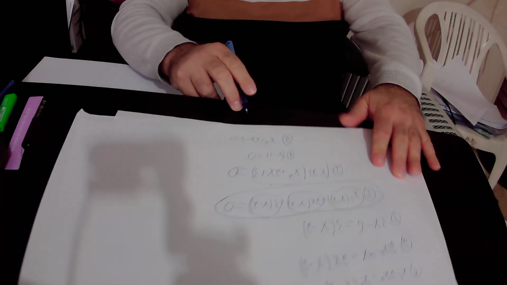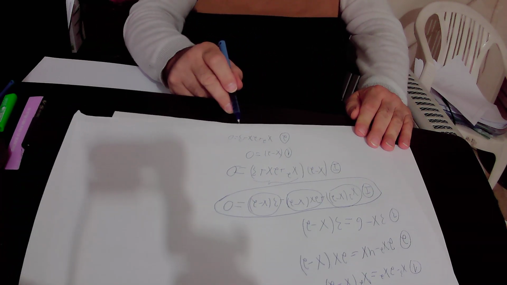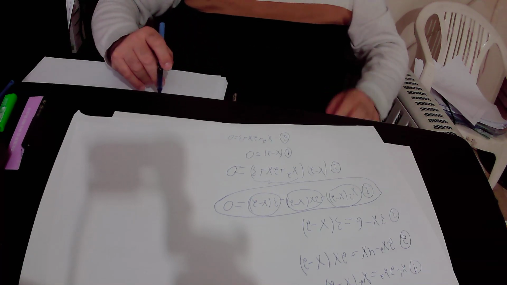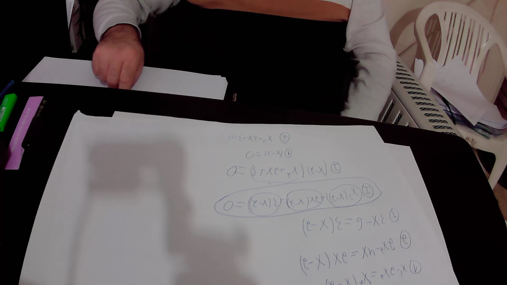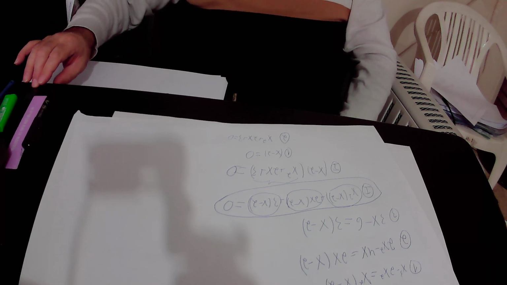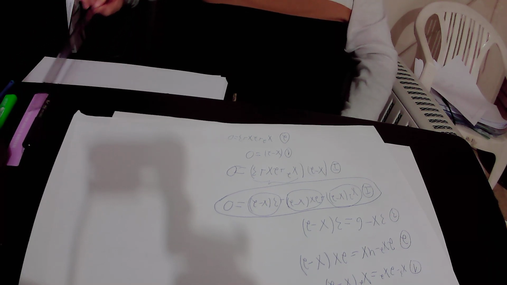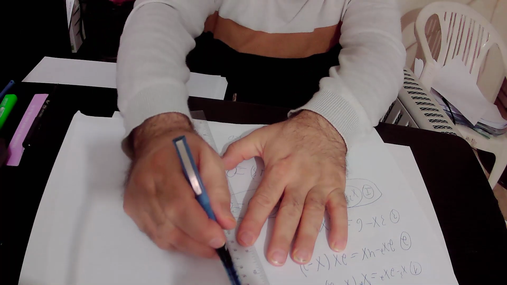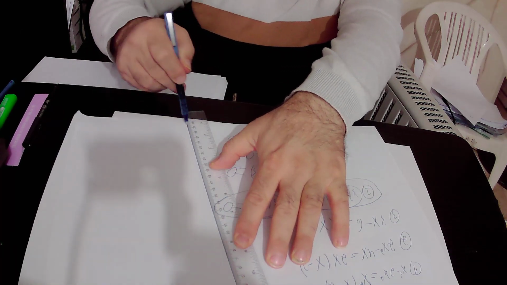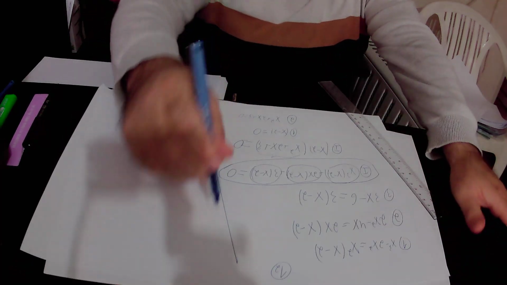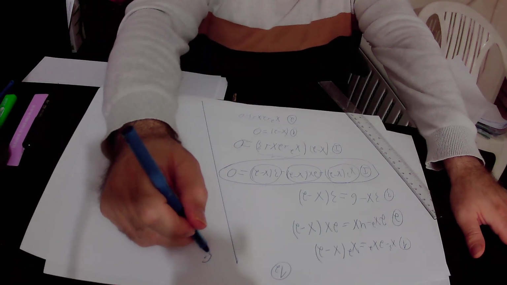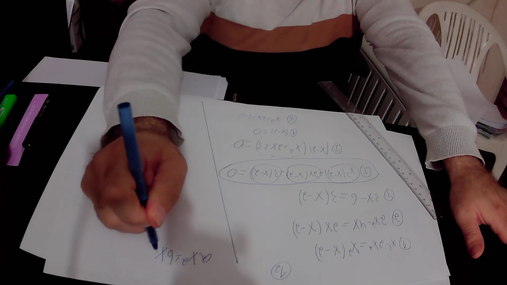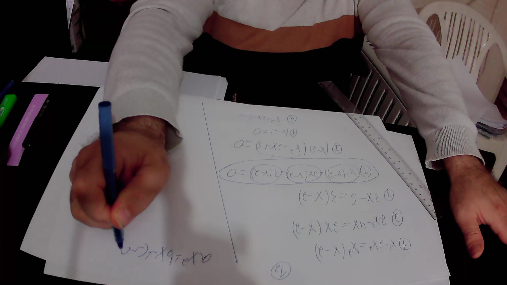So actually, this is a quadratic equation. x squared plus 2x plus 3 is a quadratic equation, and the general form of a quadratic equation is ax squared plus bx plus c equals 0.